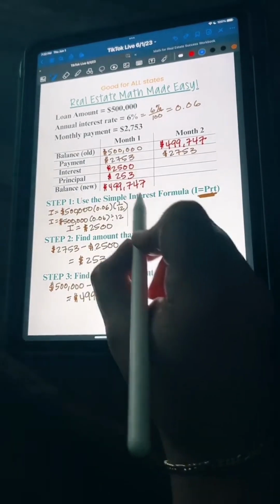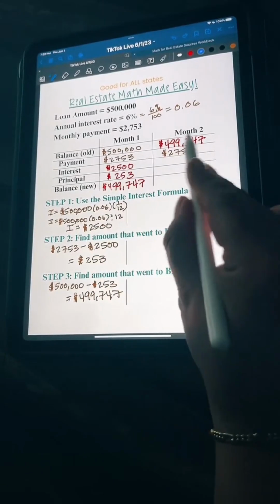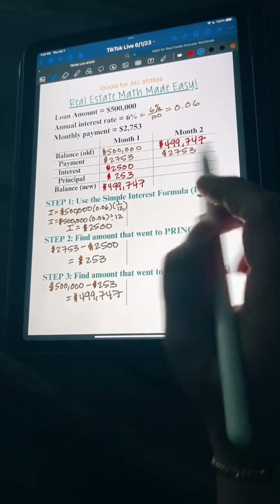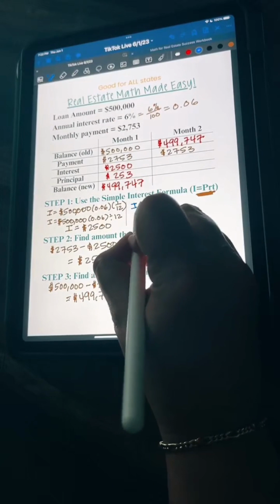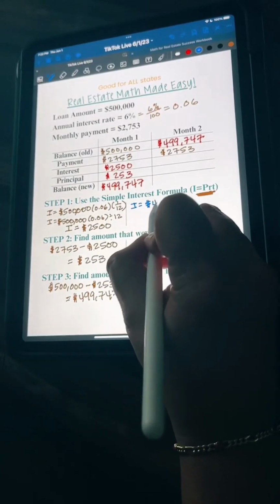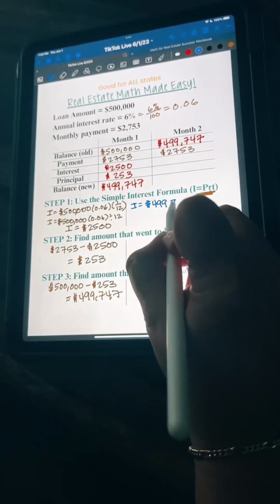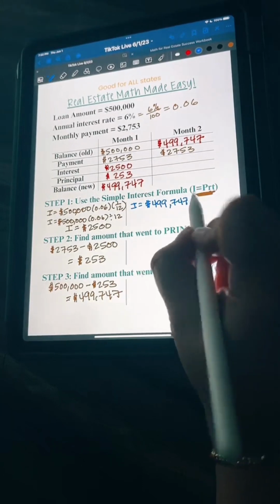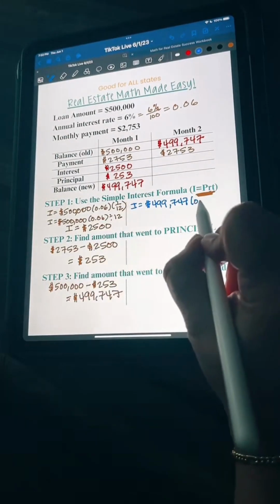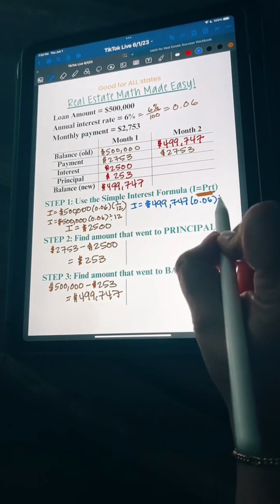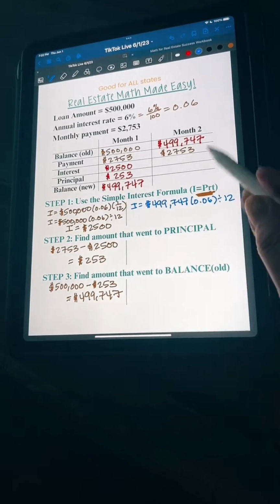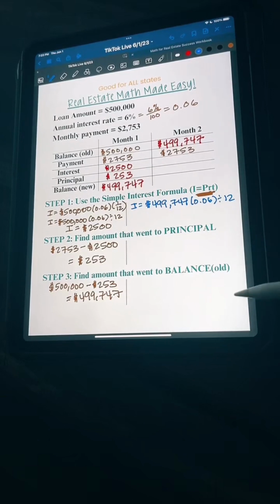So here, I'm going to use this formula again, but I'm going to use these numbers now. So I equals 499,747 times, and then the same stuff, 0.06, and then divided by 12 again, because remember, we're only doing it by 1 month. Just 1 month, okay?